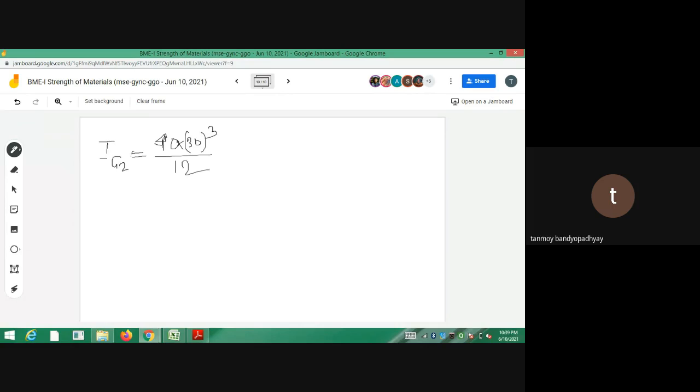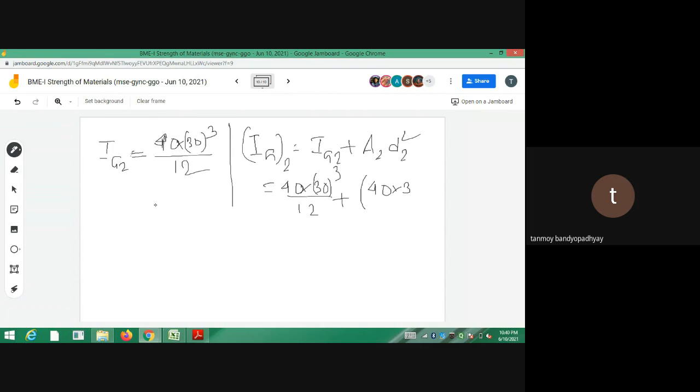Now the moment of inertia of rectangle 2 about an axis passing through the CG of the T section, that is x0y, let's call it IG2. So it will be equal to IG2 plus A2 into D2 square. What is IG2? This is 40 into 30 cube divided by 12, plus A2, the area of the second rectangle, which is 40 cross 30, into D2.